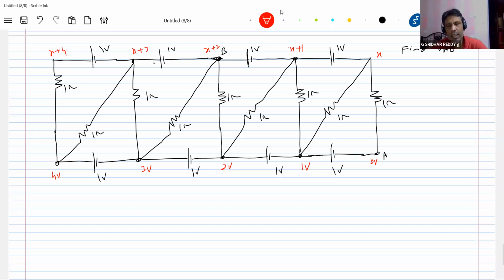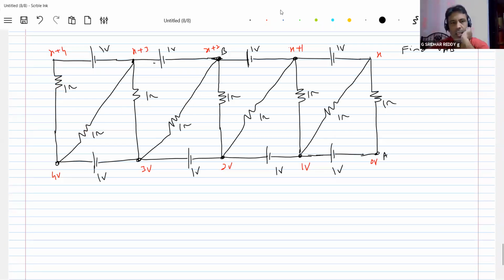Finally we assume potentials like this: X plus 1, X plus 2, X plus 3, X plus 4. Then I'm sure that the current through this 1 ohm is non-zero. Maybe if I get X equal to 0, the current will become 0, but at least I can ensure that the current will flow here.